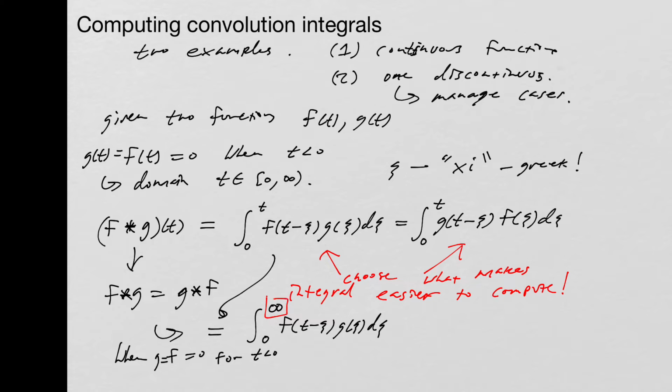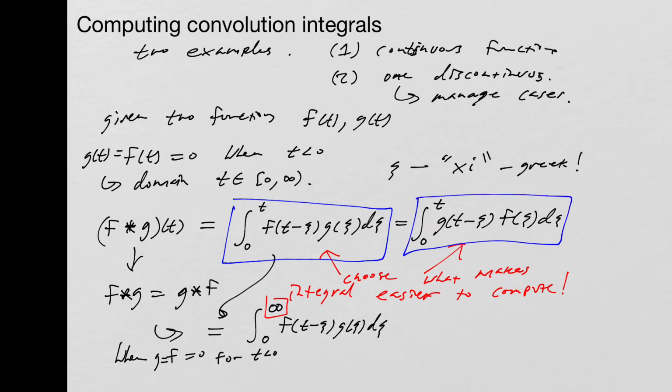This infinity doesn't change anything about our work, it's just a different way of writing it. But I am going to stick with the one with t in the upper limit of integration.